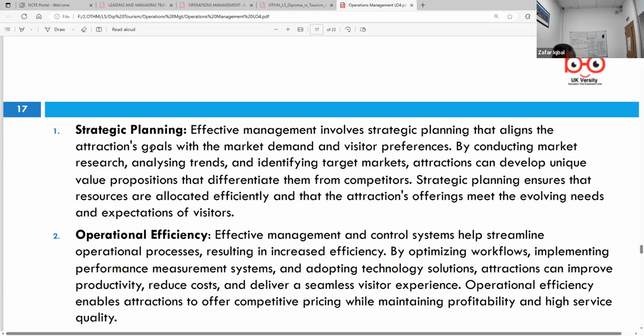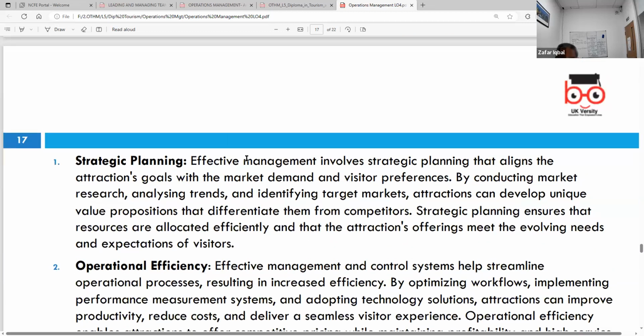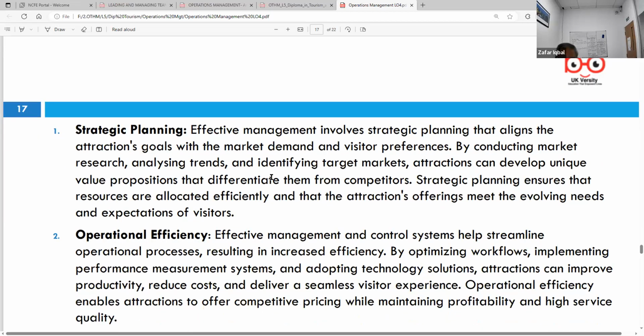We have a vision, we have a strategic plan, and we have all these planning processes for strategic planning. There's a mission, there's a vision, there is a policy, there are goals, there are objectives. Okay, so these are all the terms that you need to remember when we are planning.